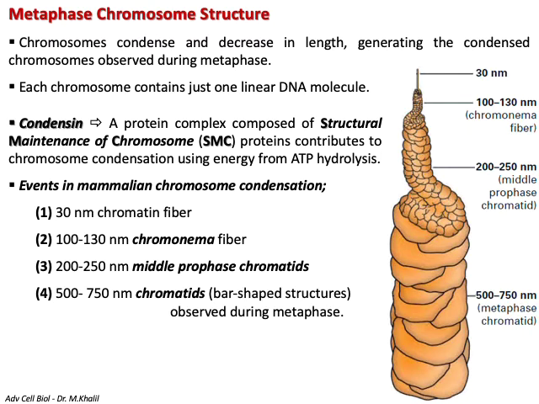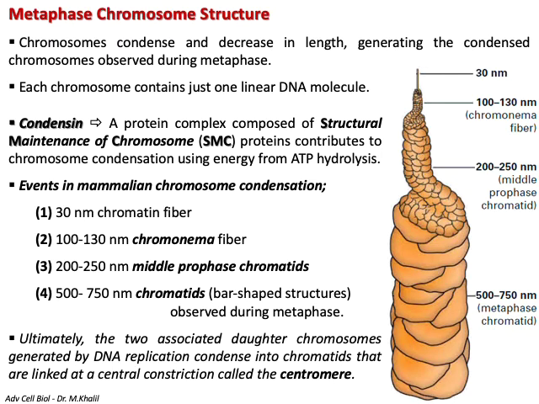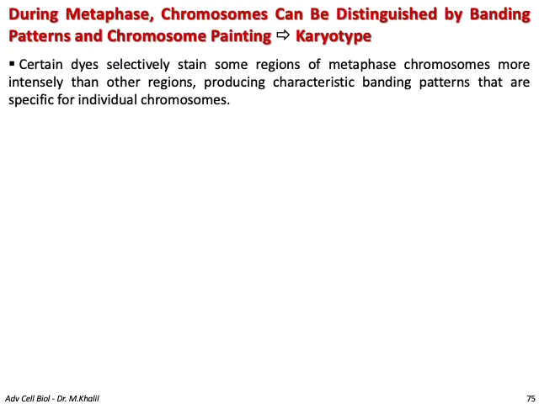The fourth level is the chromatids, which are bar-shaped structures observed only during mitosis, and then ultimately the two associated daughter chromosomes generated by DNA replication condense into chromatids that are linked by the centromere. During metaphase, chromosomes can be distinguished by a banding technique, which is called karyotyping.